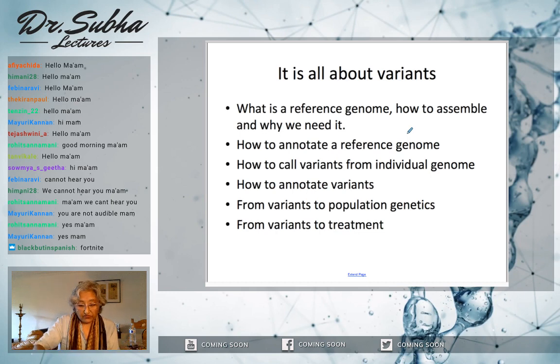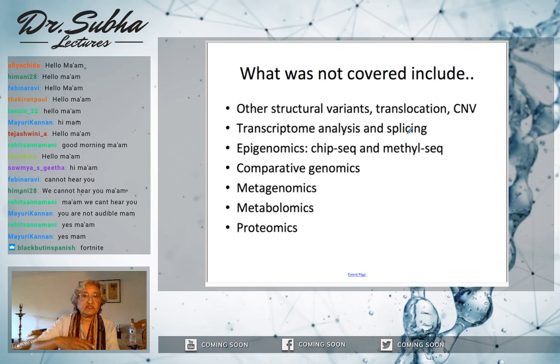Okay, and what we haven't done. Oh my God. You don't want to know about it, but we haven't done how to find structural variants. We haven't done how to find translocations, which are also a serious problem in cancer. We need to find them. There are copy number variations.